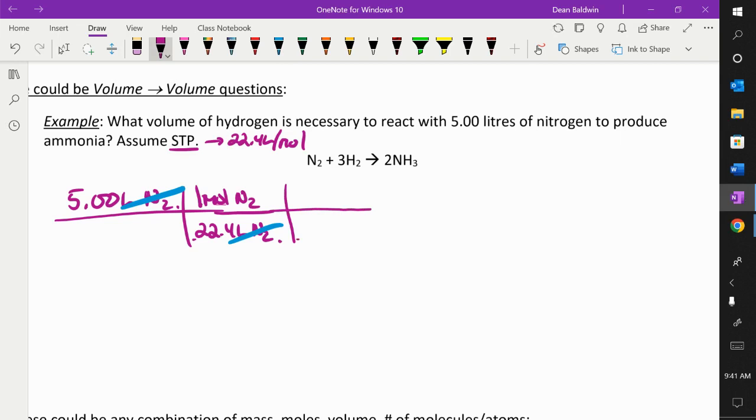Now you're going across the bridge, right? So we need to get moles of N2. We're trying to figure out what volume of hydrogen. So now we're using the ratio of the equation. I'm going to need hydrogen up there. I'm going to need N2 down there. What numbers go where?